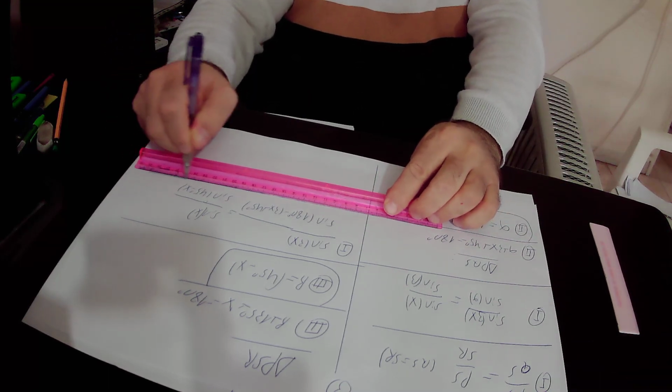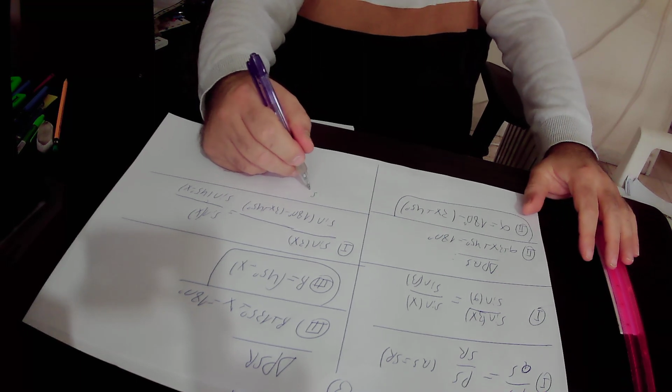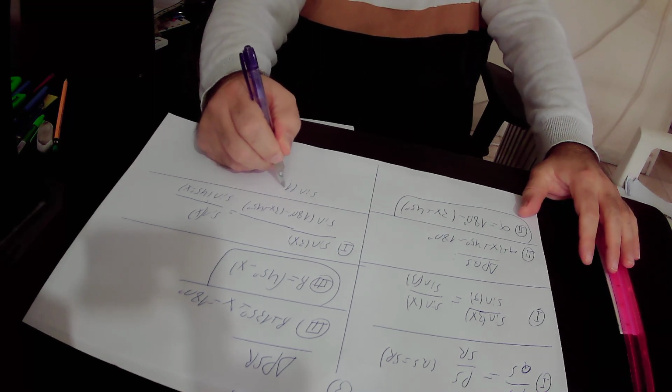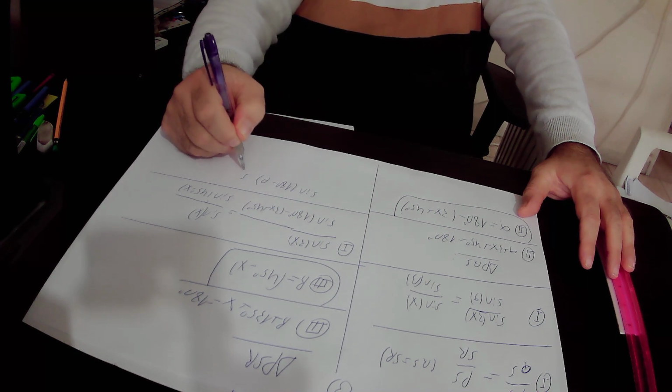But we have the trigonometric identity that states that sine of 180 degrees minus theta equals sine theta.